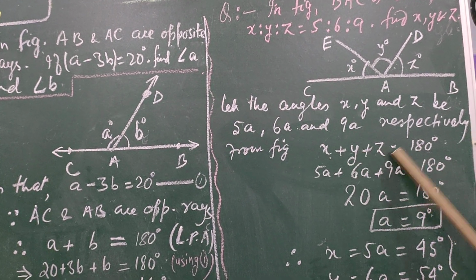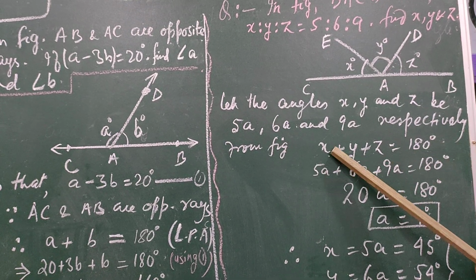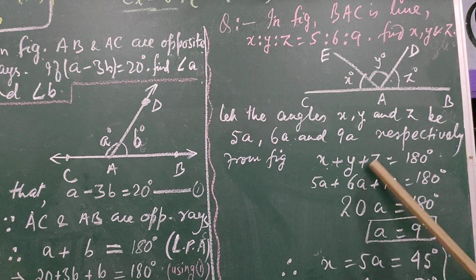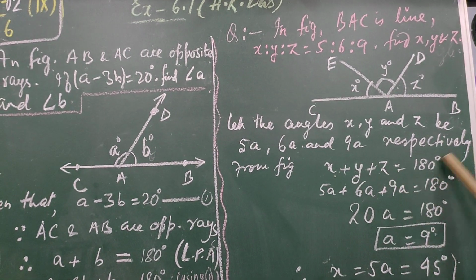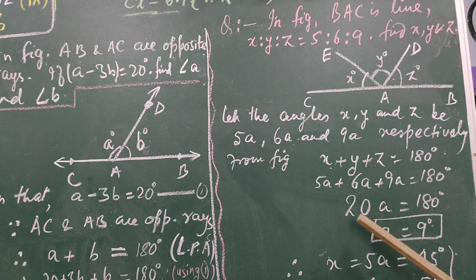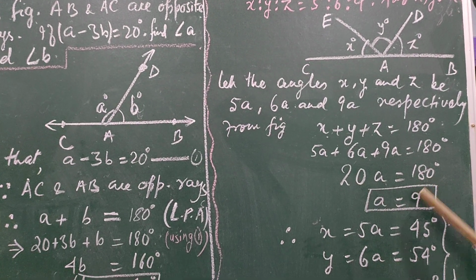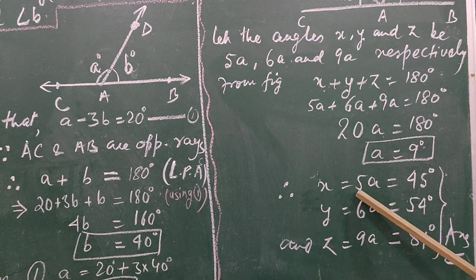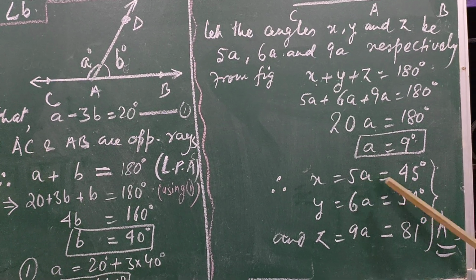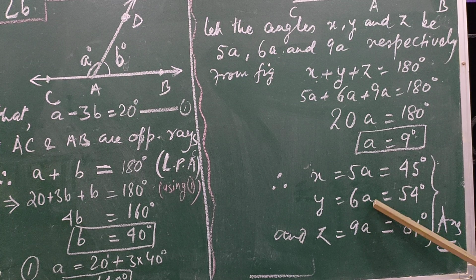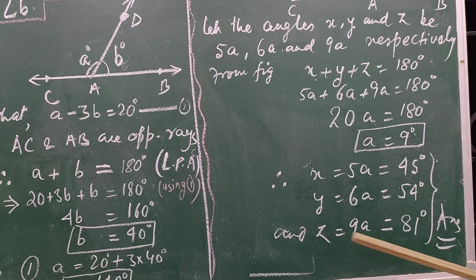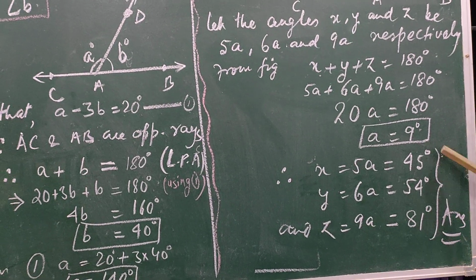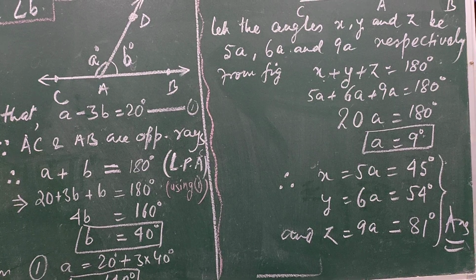That is, x plus y plus z equals 180 degrees. With x as 5a, y as 6a and z as 9a, on adding these we get 20a equals 180, that means a equals 9 degrees. Hence x equals 5a, 5 into 9, which is 45, y equals 6a, 6 into 9 is 54, and z equals 9 into 9 equals 81. These are the values of x, y and z.